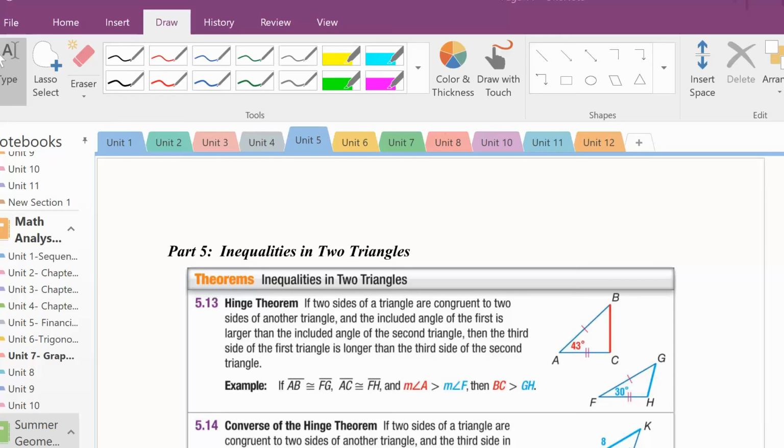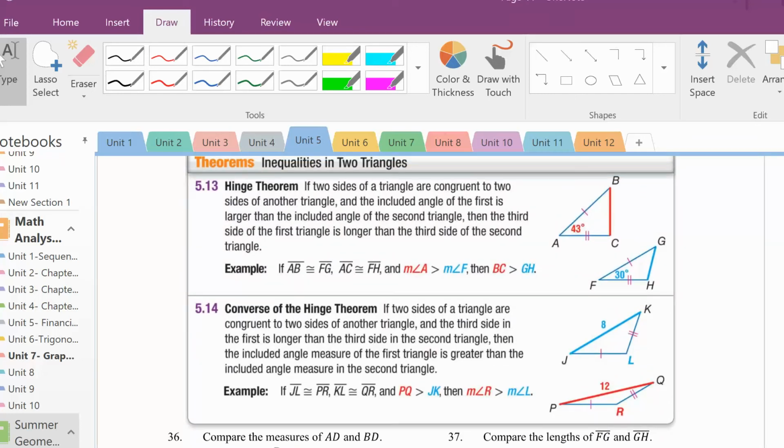Welcome to Unit 5, Part 5, talking about inequalities in two triangles and what's called the hinge theorem. So basically, what it says is if you have two sides of a triangle that are congruent to two sides of another triangle, then the third side of the first triangle is longer only if the angle between them is larger.